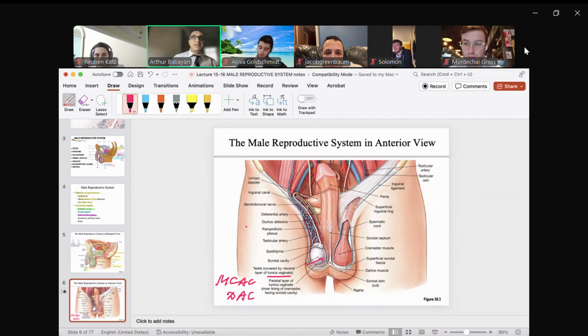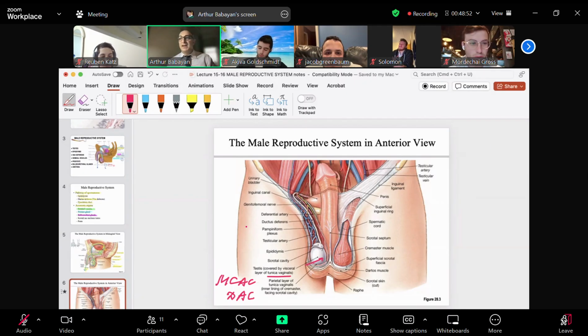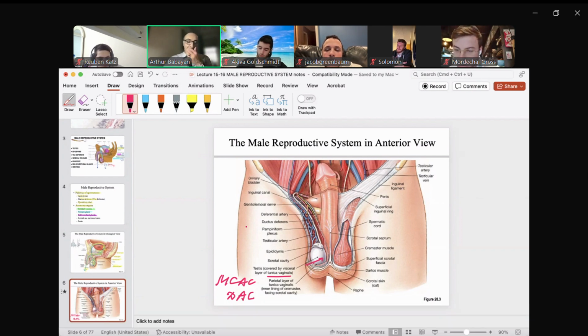An example for the exam is that it leads to infertility as a complication. And second, hydrocele between the tunica vaginalis and tunica albuginea, where fluid accumulates.